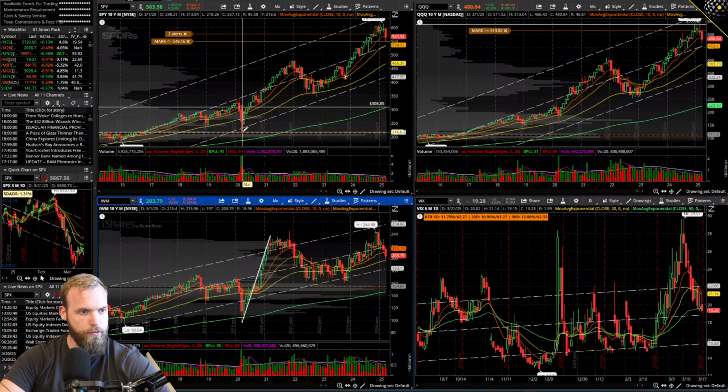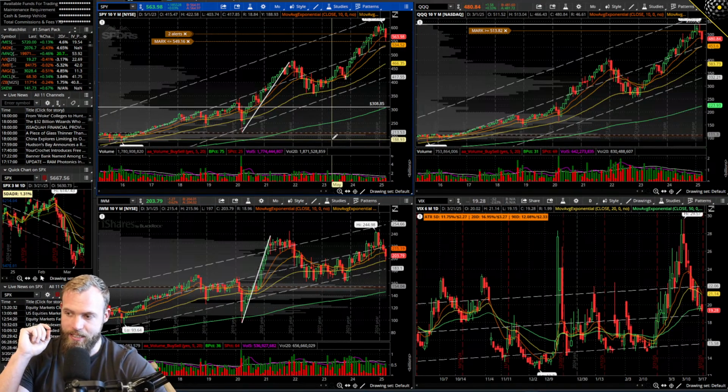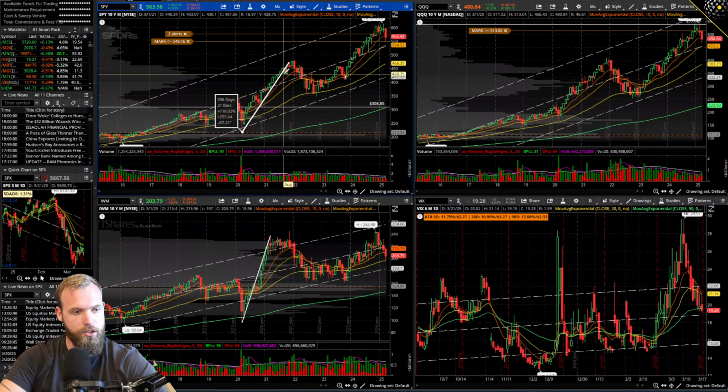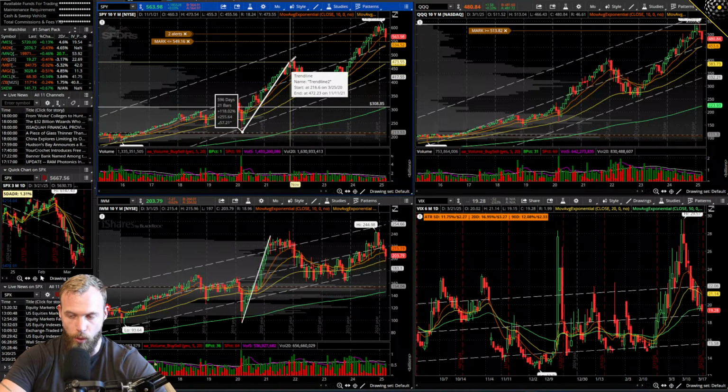So if we measure from here to here, I want you to notice something. And this has everything to do with the change in market paradigm. This is the COVID drop, and then this is the recovery out of the COVID drop.